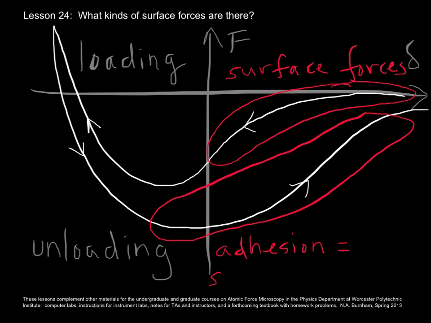So I think of adhesion as whatever long-ranged surface forces there are, plus any bonding that's going on during the contact phase. So if I had more room there, I would say bonding during contact.